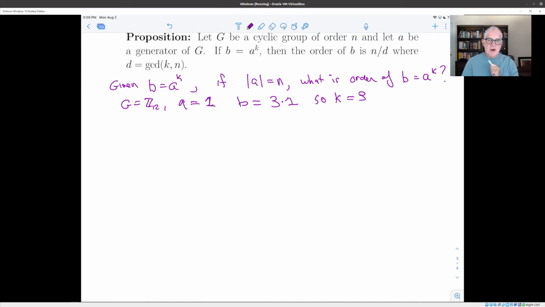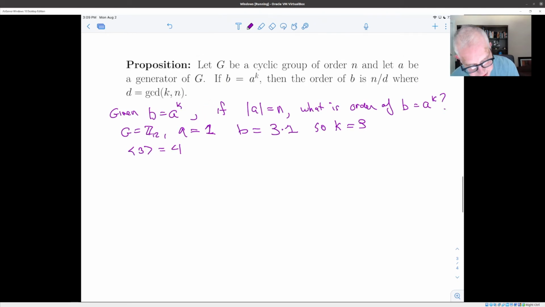In the case of Z12, we write addition instead of multiplication. So we don't mean 1 cubed, 1 times 1 times 1. We mean 1 plus 1 plus 1. Because the operation, raising to the k power, means do the operation k times. And here the operation is addition. And the order of 3 we worked out was 4. And what the proposition gives us is a formula.